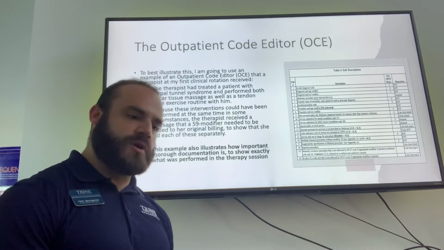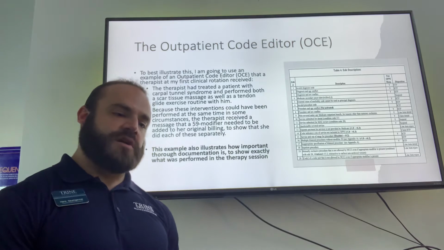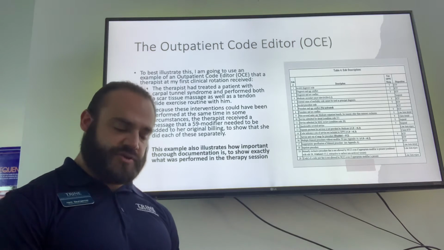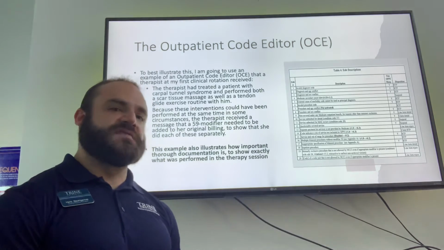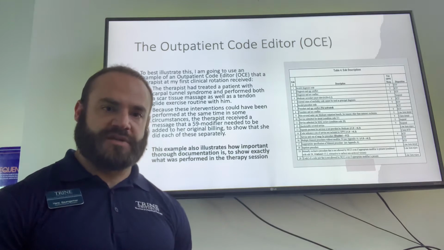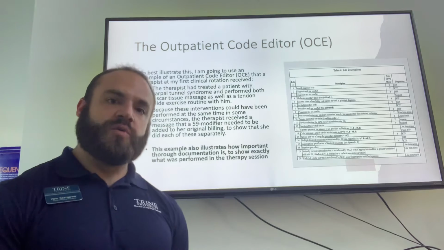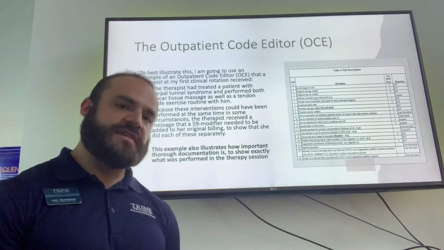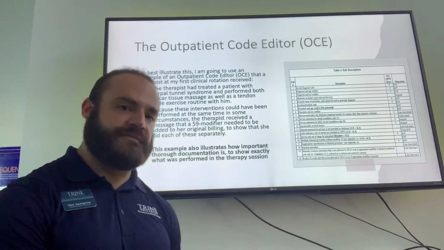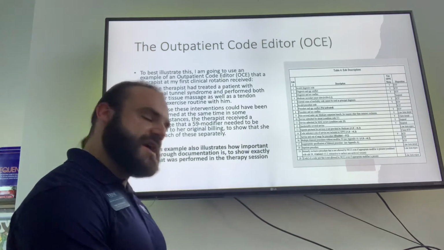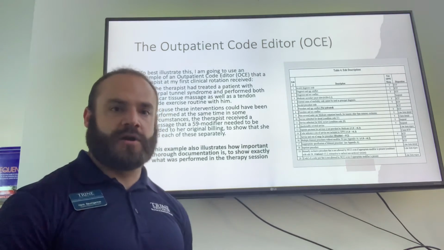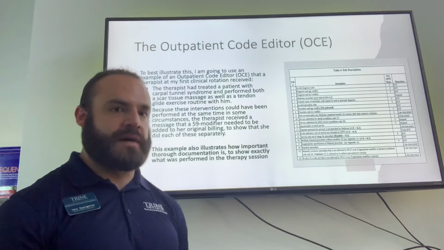A therapist that I work with at my clinical site was doing carpal tunnel massage treatments on a patient, and she was also doing tendon glide exercises with that patient. Sometimes these two things could be done at the same time, which would just be one charge, but she did them separately and forgot to put a modifier on it. So the outpatient code editor software notified her and told her, you've got to resubmit this with the correct modifier.